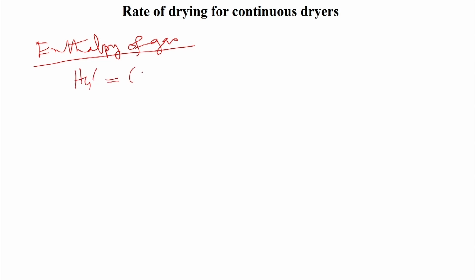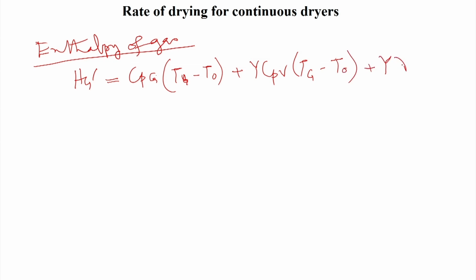So, we will be calculating the enthalpy of gas, say this Hg prime, that is equal to Cpg into (Tg minus T0) plus y into Cpv into (Tg minus T0) plus y into lambda w.